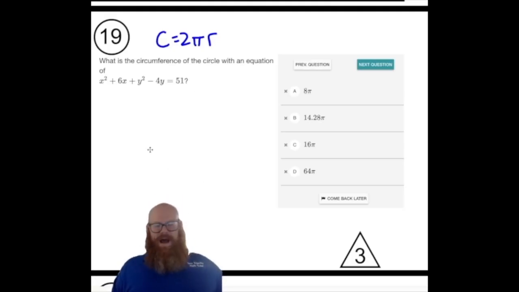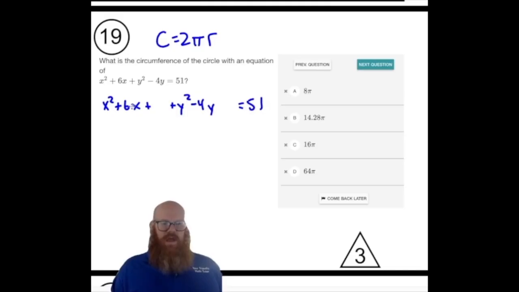So the way that I like to do it, and I'm going to illustrate more of this, though I would do it more quickly if I were just doing it, is to complete the square twice. Half of 6 is 3, 3 squared is 9, half of 4 is 2, 2 squared is 4, which means I'm adding 13 to this side.